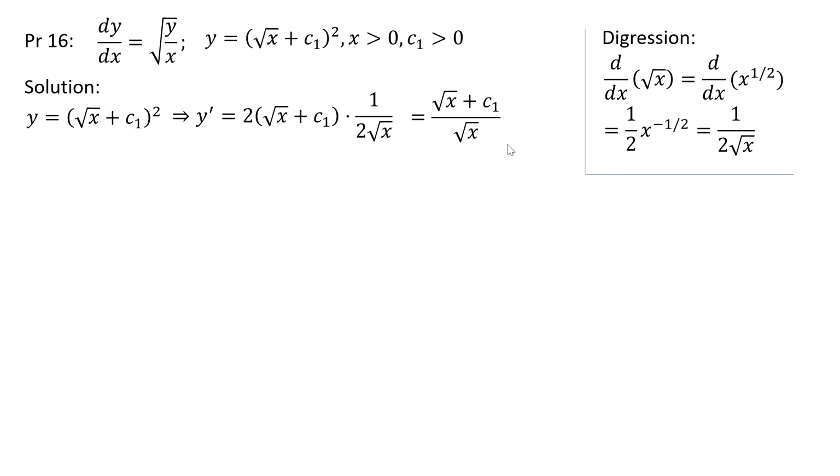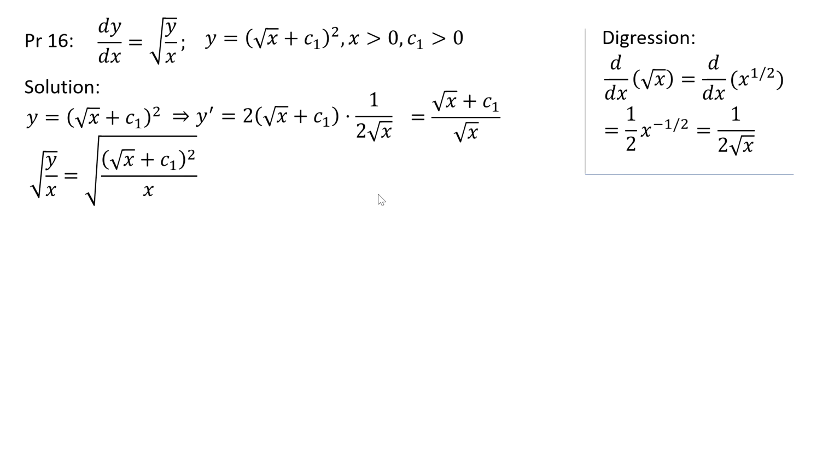Cool. What did we do? We found y prime. So what's the left-hand side? Left-hand side is dy/dx.